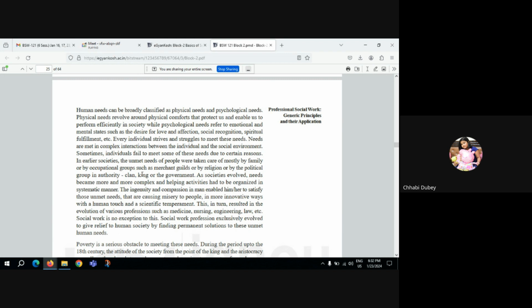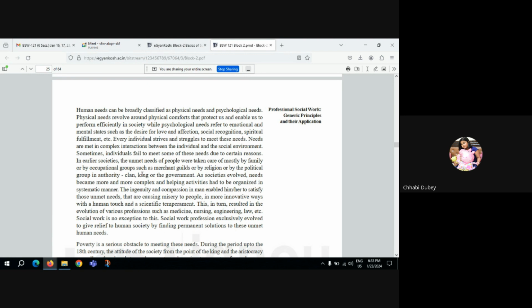And most of the time in earlier societies, the unmet needs of people were generally taken care of by the family, by the occupational groups, by religious groups, or by other authority. But as societies evolved, the needs became more and more complex, and helping activities had to be organized in a systematic manner.